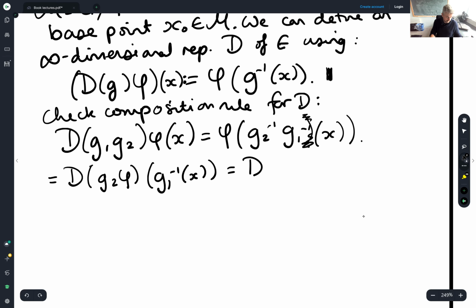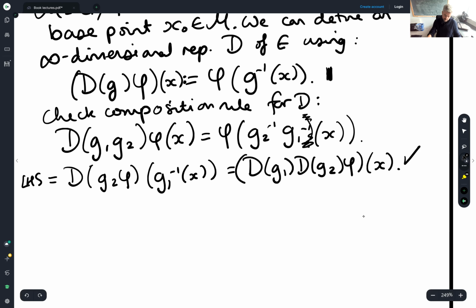Then we apply the equation above again, and we get D of g1, D of g2 phi on x, which is exactly the composition rule that we need.